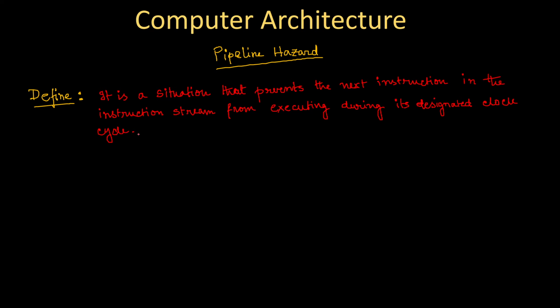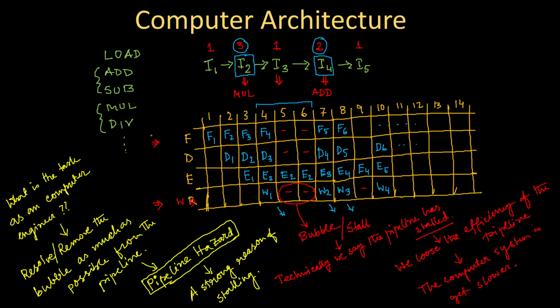What does it mean? It means over here you see that although the third instruction decode was completed at the fourth clock cycle and the execution of the third instruction can be easily started, it is delayed till the 7th clock cycle because the previous instruction was too long.